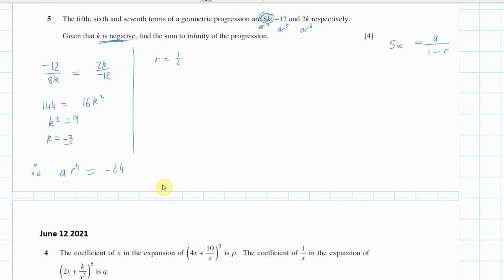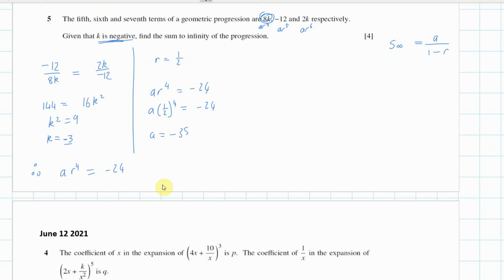But now to find out what A is. So AR to the 4 equals negative 24, and A times 1/2 to the power of 4 equals negative 24. And so A equals, well, negative 24 divided by 1 over 2 to the power of 4, and it's giving me negative 384.